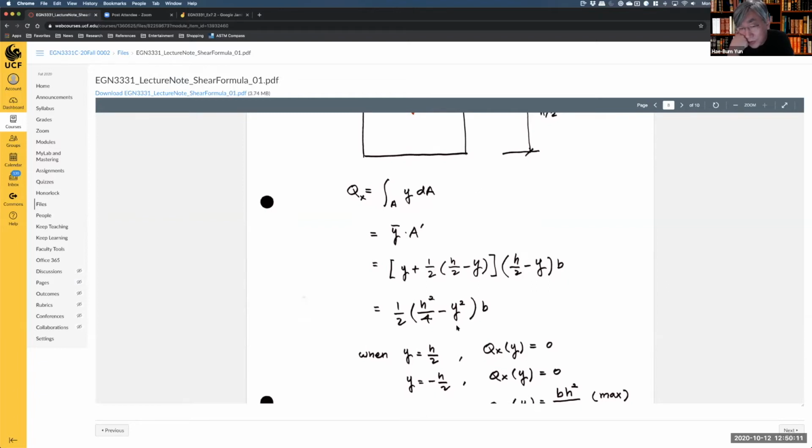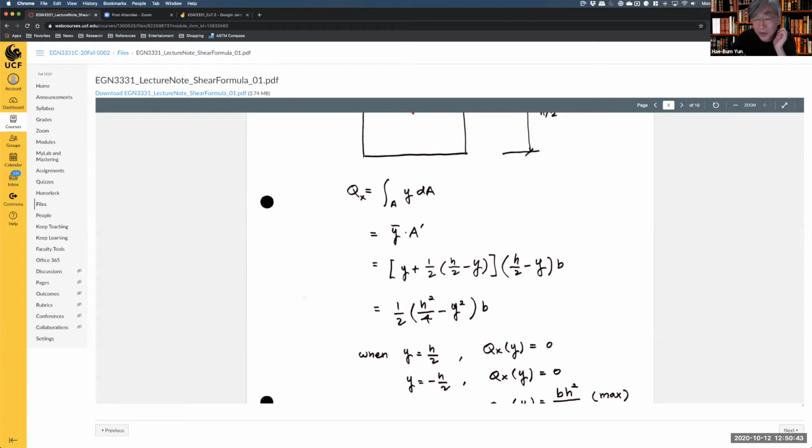So is Q a quadratic equation or a linear equation? Anyone can answer in the chat box. Is Q a quadratic equation of Y or a linear equation of Y? Quadratic? Alexander says quadratic. Of course, this is quadratic, right?